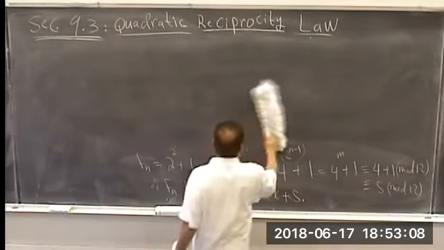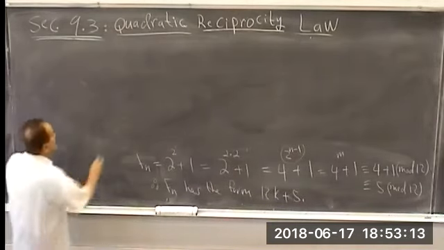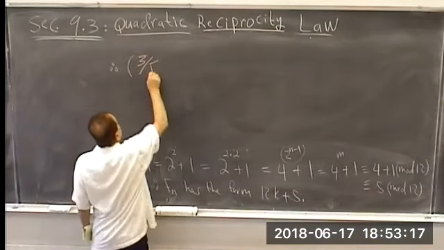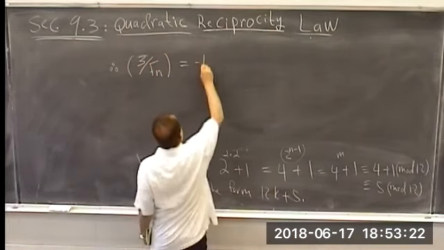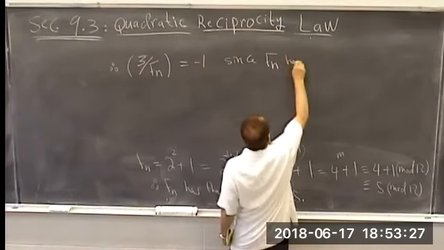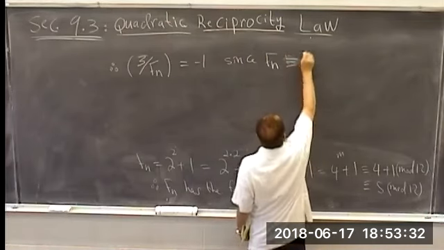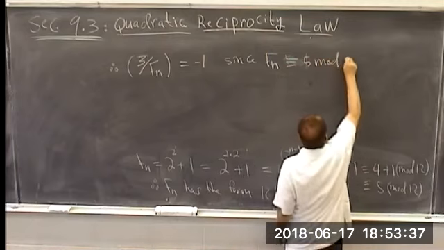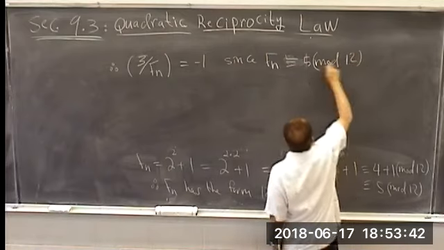By the previous theorem, therefore, we have (3/Fn) is going to be equal to negative 1, since Fn is congruent to 5 mod 12.